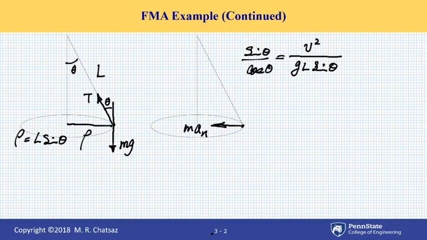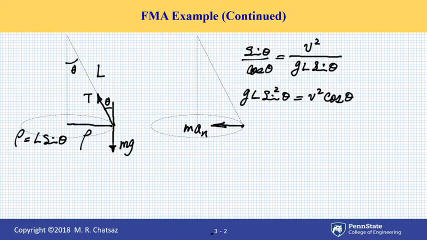Now, to take this equation out of its fractional format, I cross multiply and rewrite the equation as g L sine squared theta equals v squared times cosine theta.